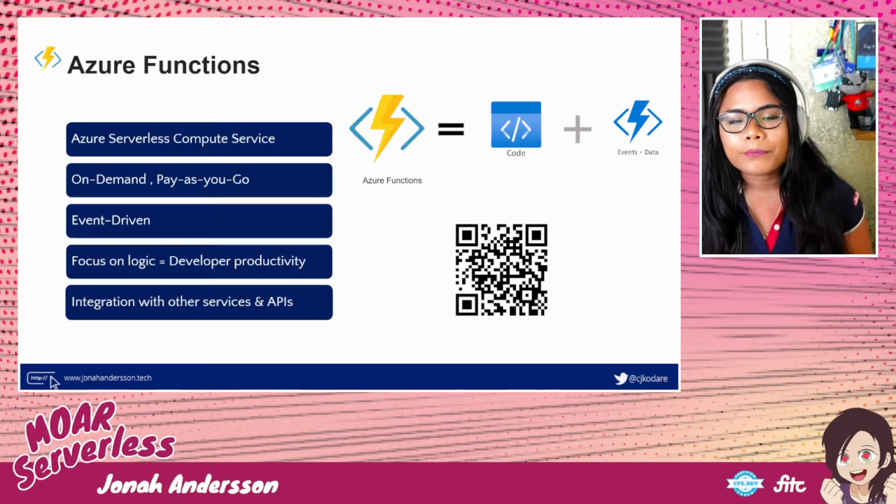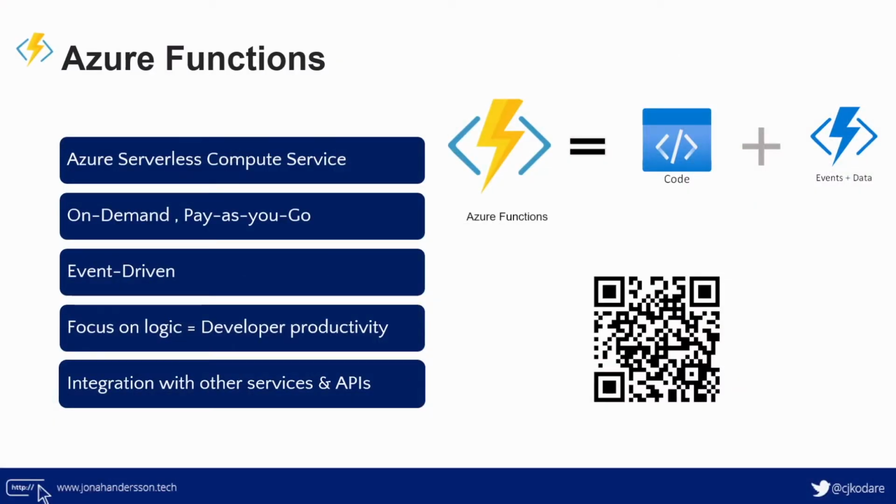And to start with the topic of today, before I move to durable functions, I want to introduce you to Azure Functions. Azure Functions is a compute service in Azure where you can code event-driven, and then you can focus on logic.